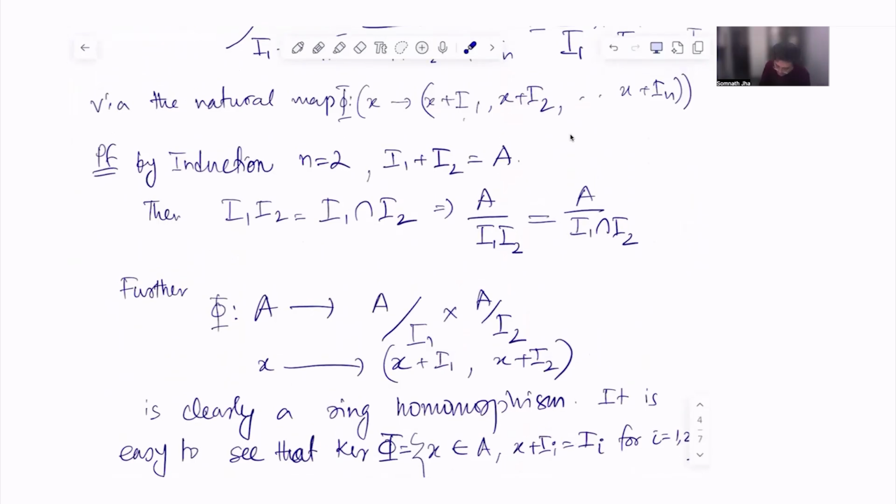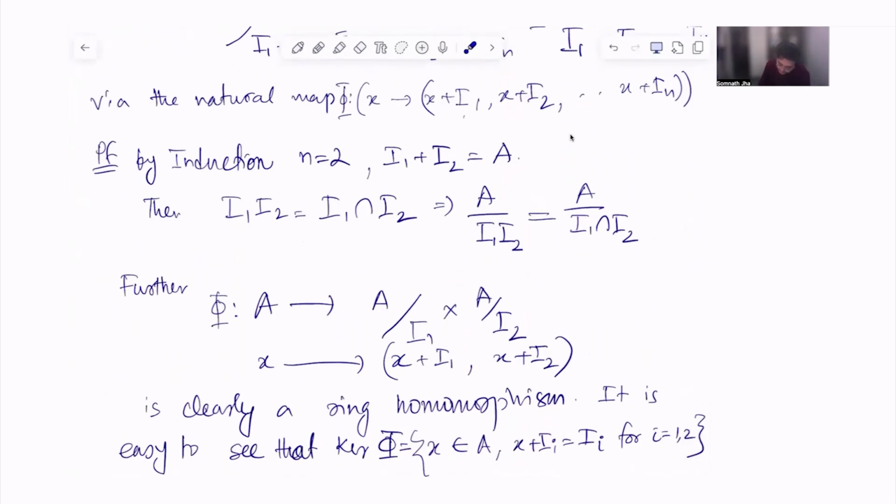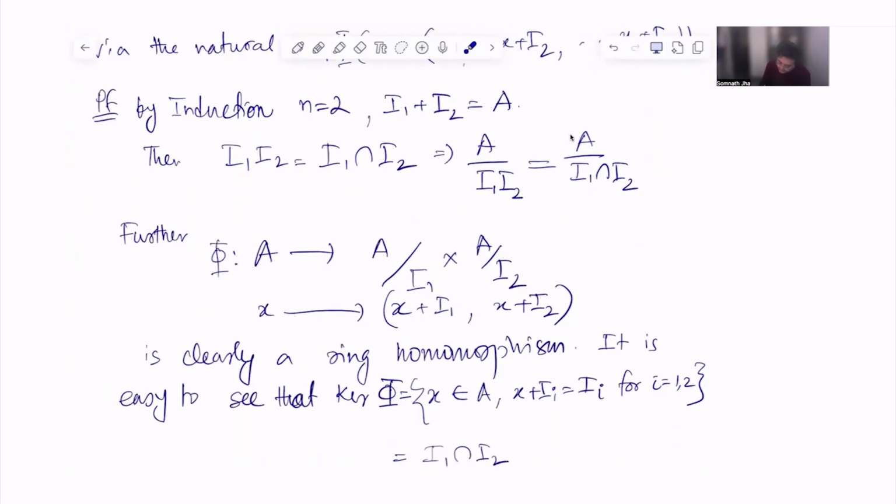This is clearly a ring homomorphism, which you can check trivially. And what is the kernel? The kernel will be those x such that x plus I1 equals 0 and x plus I2 equals 0. The zero in this quotient ring means x plus I1 equals I1 and x plus I2 equals I2. So x plus I1 equal to I1 means x belongs to I1, and x plus I2 equal to I2 means x belongs to I2.